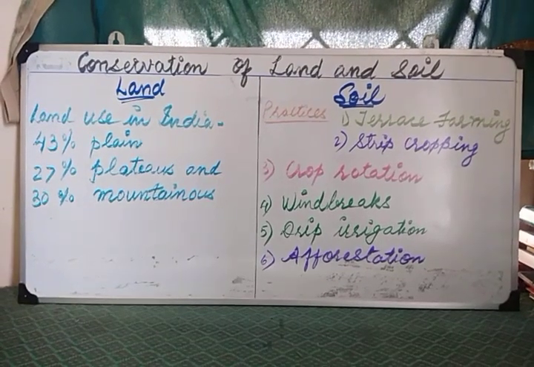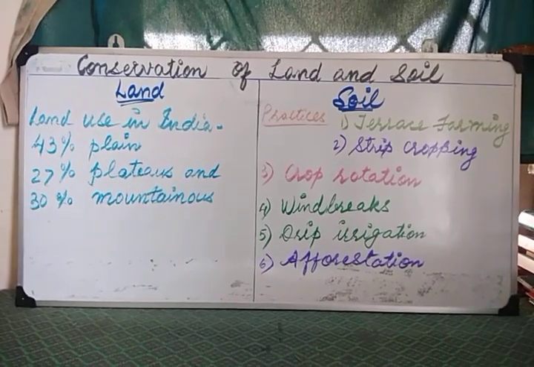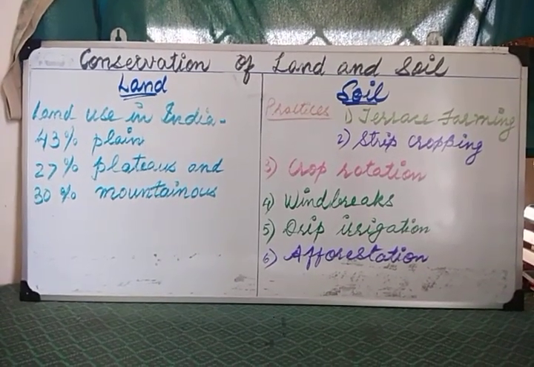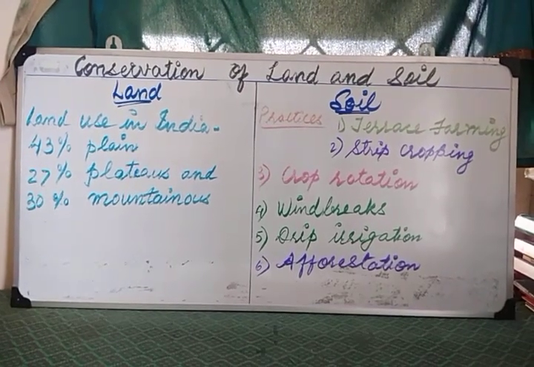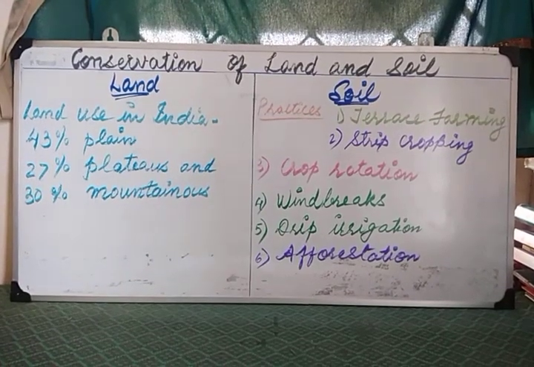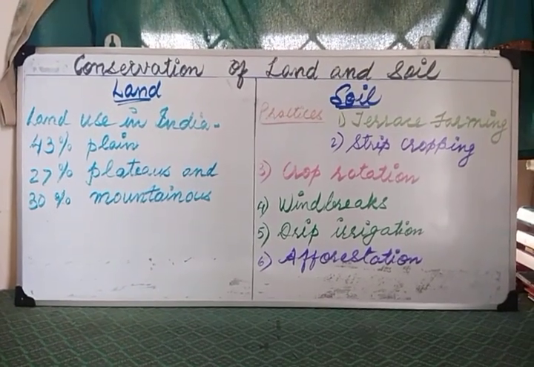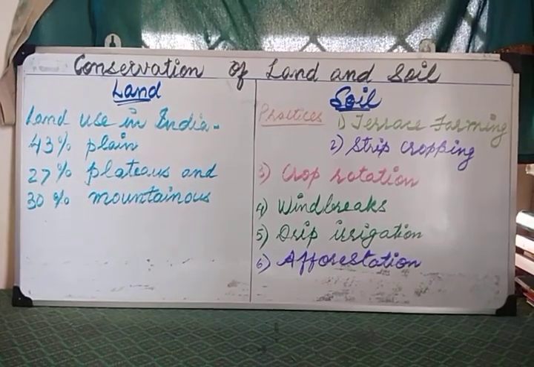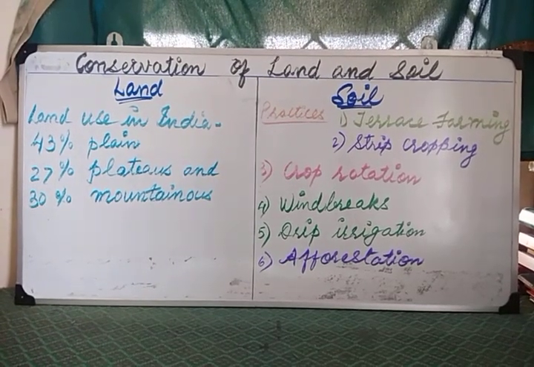As we know, this is the best way for the conservation of the soil. With afforestation and plantation in the areas, the roots bind the soil together and prevent soil erosion. These are the conservation methods of land and soil.